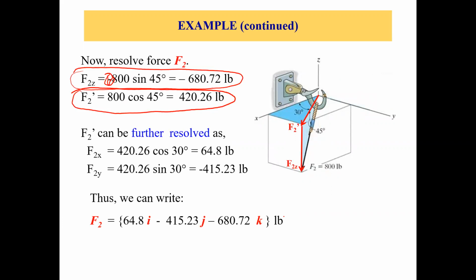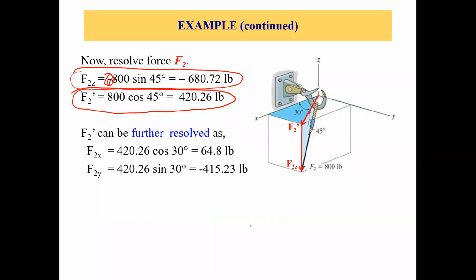Okay, so now let's resolve F2 dash. Now F2 dash makes an angle of 30 degrees with the x-axis, right? So now we can resolve this F2 dash into x and y components. So just use this angle of 30 degrees with the x-axis.